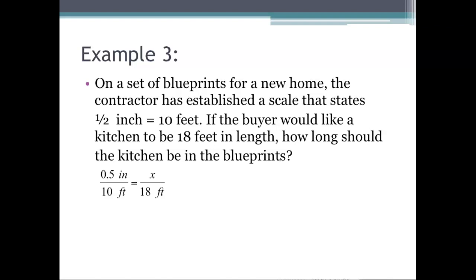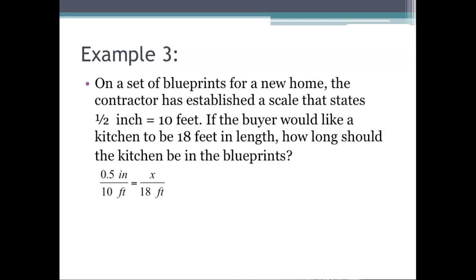We're trying to determine if a kitchen is 18 feet in length, how long the kitchen should be in the blueprints. So notice here I'm putting the blueprint in the numerator, and I'm putting the actual measurement in the denominator. So that's going to be 0.5 inches over 10 feet, which is equal to x number of inches over 18 feet.